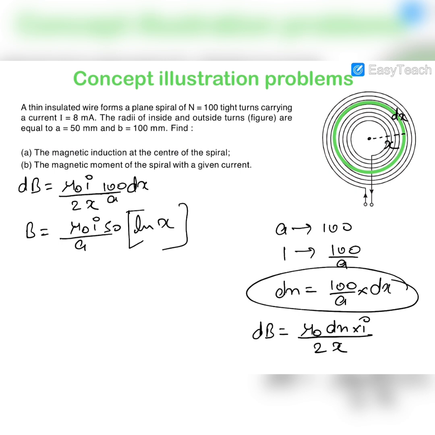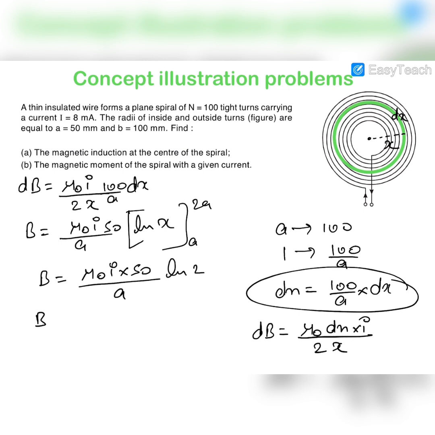The limit of ln x would be from a to 2a. So B will be equal to mu naught I into 50 upon a ln 2.